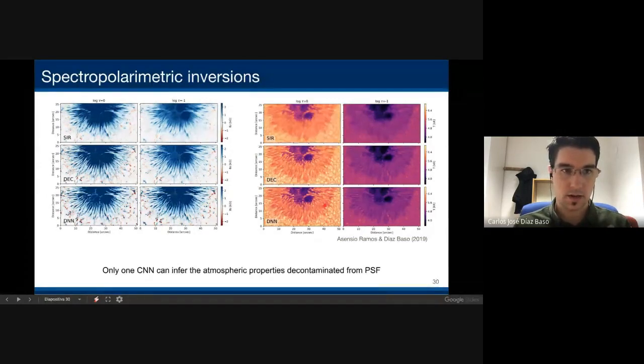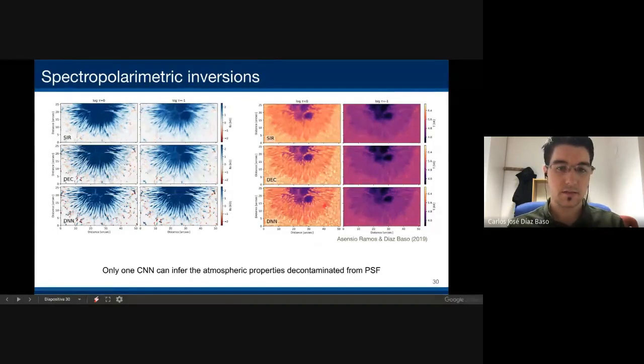Another thing we did here was to show that only one neural network is also able to infer as many quantities as we want. So in this case, we were inferring the temperature, the velocity, the three components of the magnetic field.